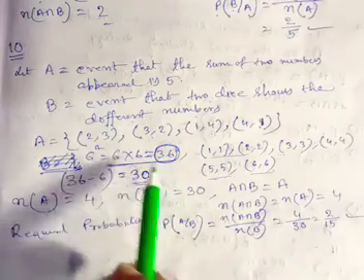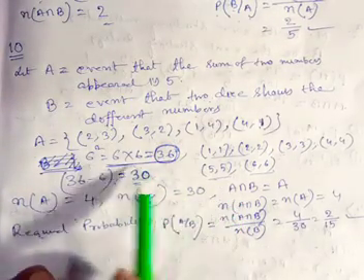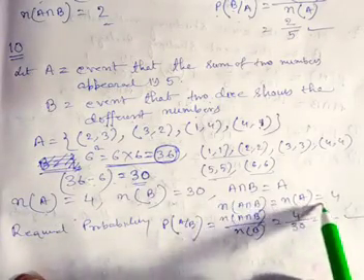Now n of A is equal to 4, n of B is equal to 30, and here A intersection B is equal to A. So n of A intersection B is equal to n of A, which is 4.